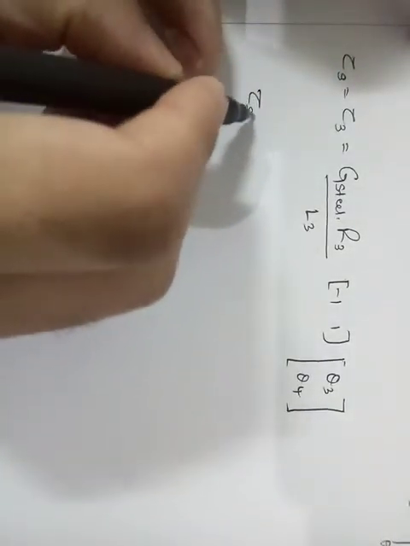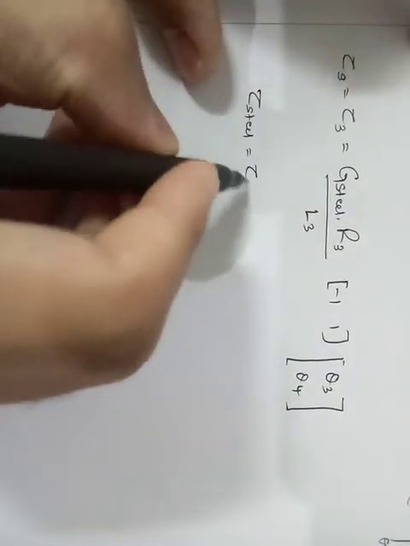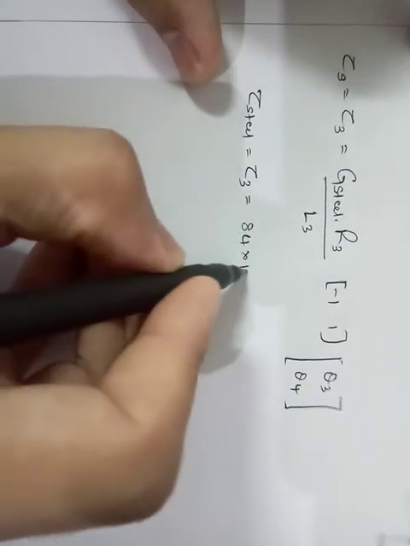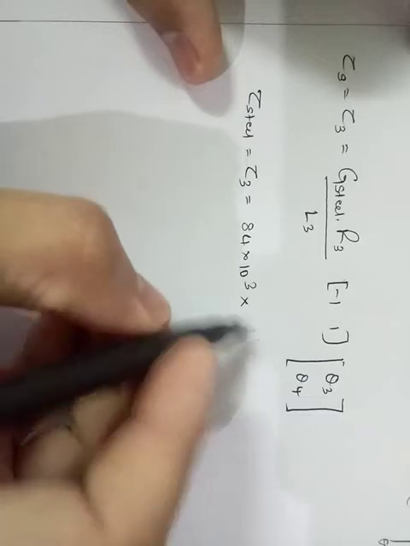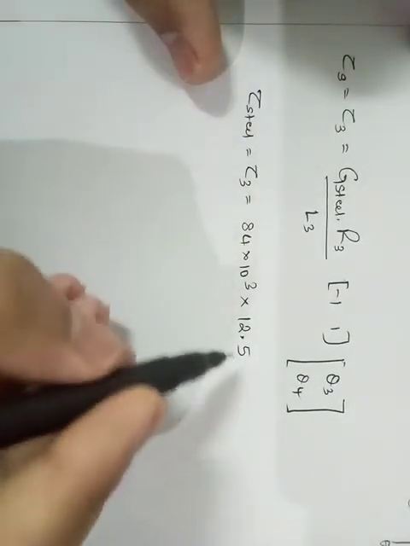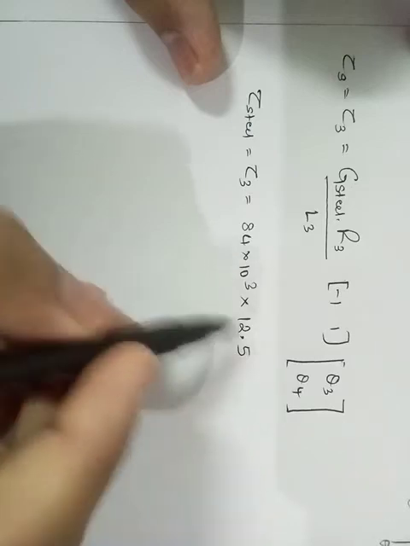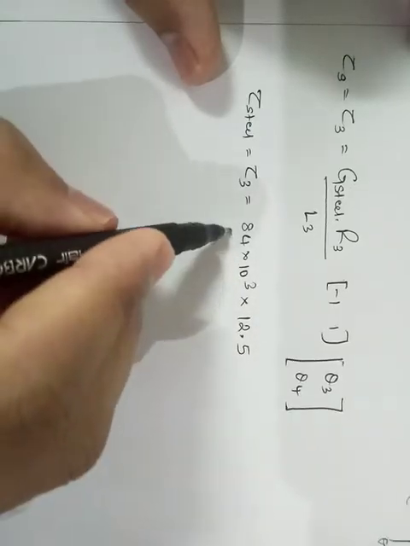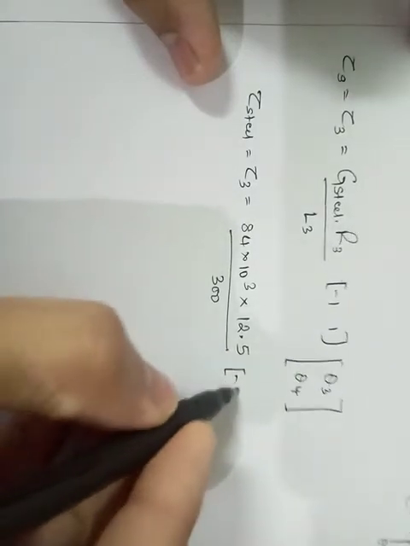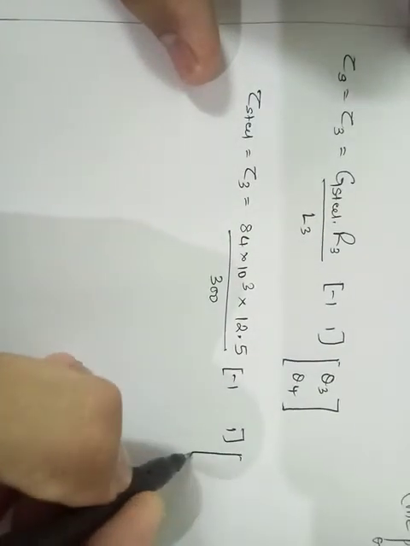So tau steel is equal to tau 3, which comes out to be 84 into 10 raised to 3. Now R is 12.5 because radius is half of diameter, and diameter given in the problem is 25. L is 300, so it is minus 1 and 1.